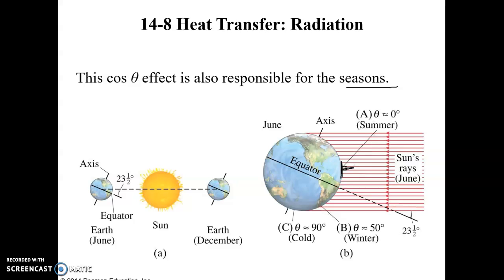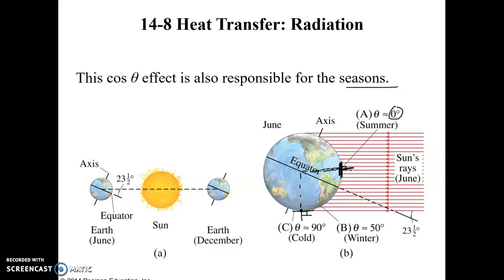So the angle theta is pretty much 0 here. At this level, when it's facing the sun, you're seeing the majority of the sun's energy. As you're tilted away from it, that angle is going to be nearly 90 degrees down here at this most southern part of the globe. So you're getting very little of the sun's energy.